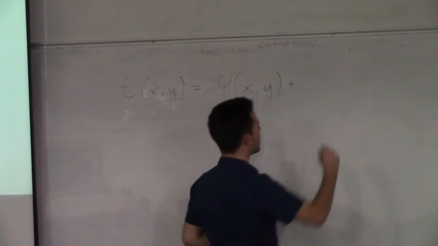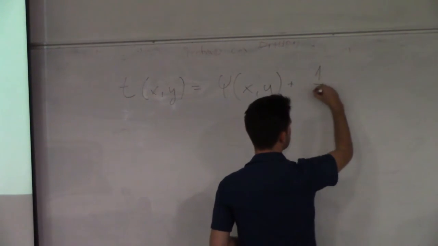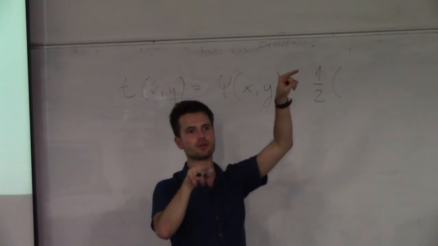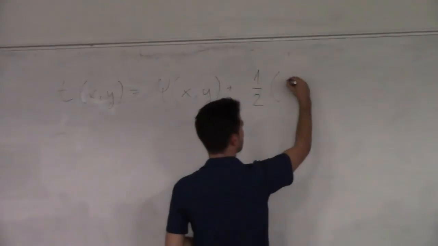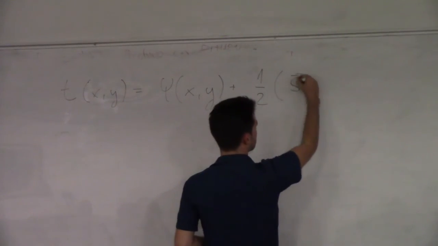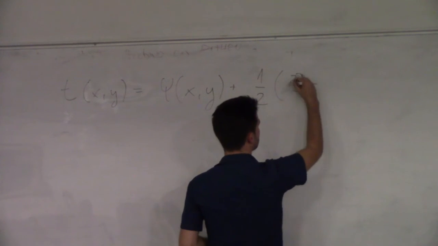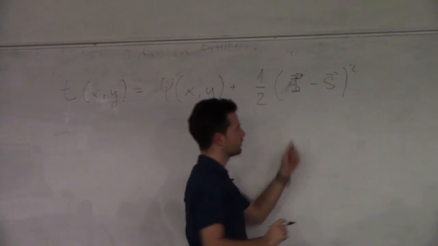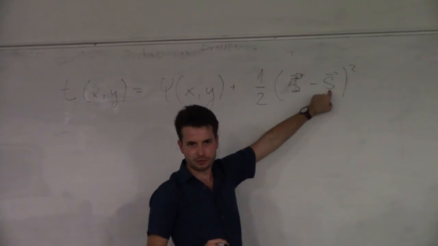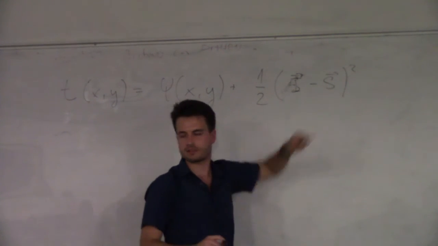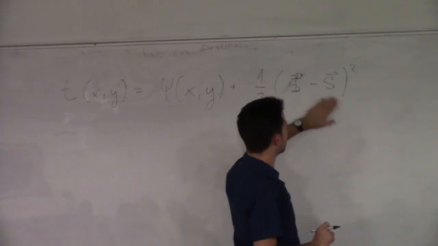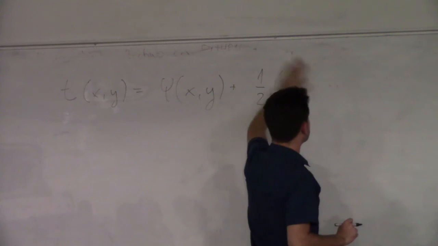plus, and now indeed, the distance between the image where it formed and the source. In the general case this would be image position minus source position squared, but we set the source to 0 in this case, as stated at the beginning of task 1.